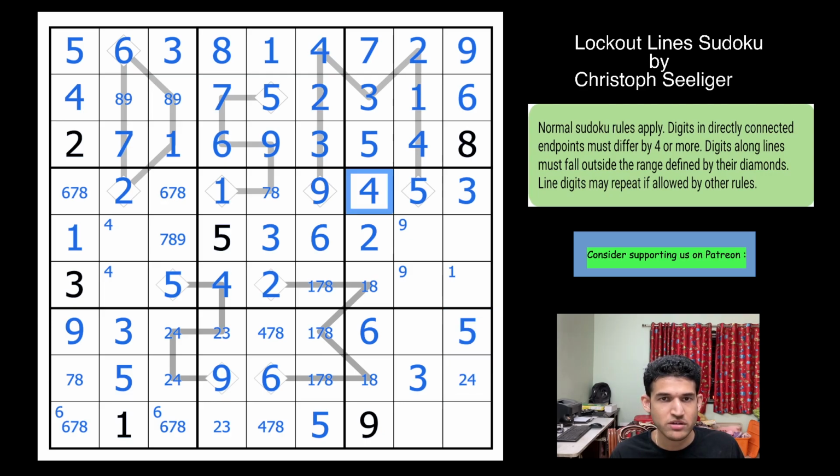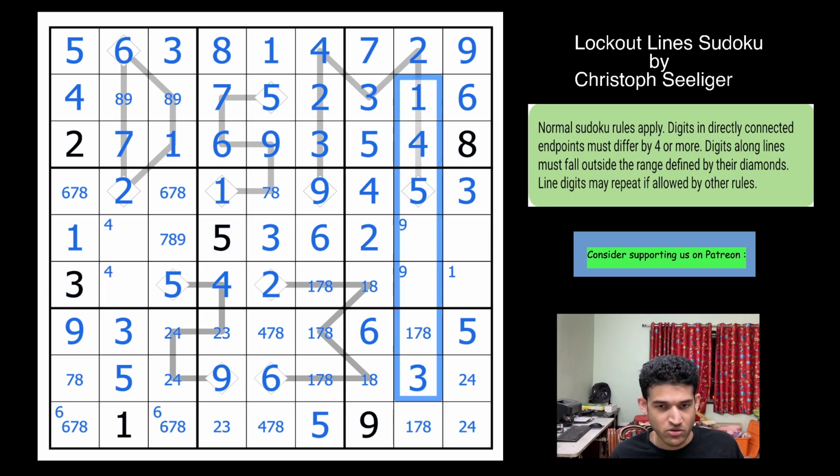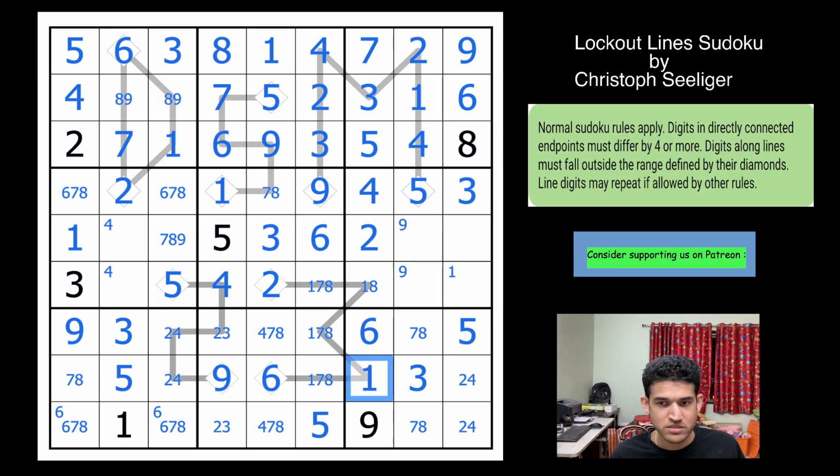You have a 2 4 pair here, these 2 cells. So these will be 1 7 8, and you can't have 1 looking down at the column, so this is a 7 8 pair, which means this is 1, that's a 7 8, so 1 goes here, that's a 7 8.